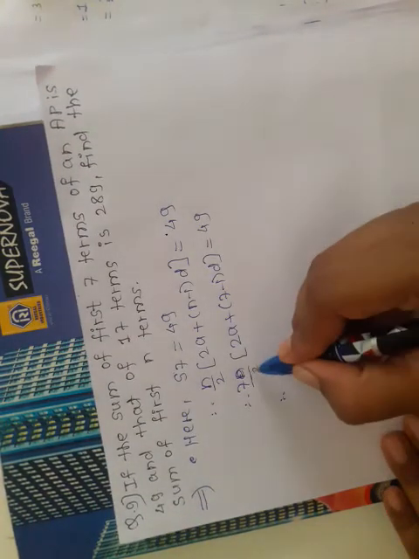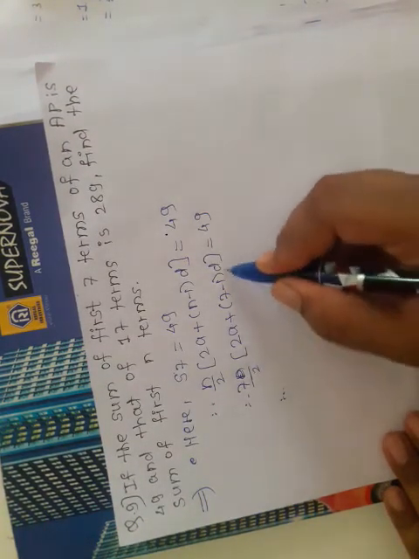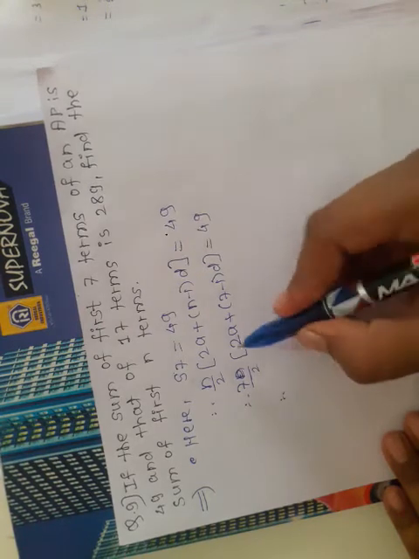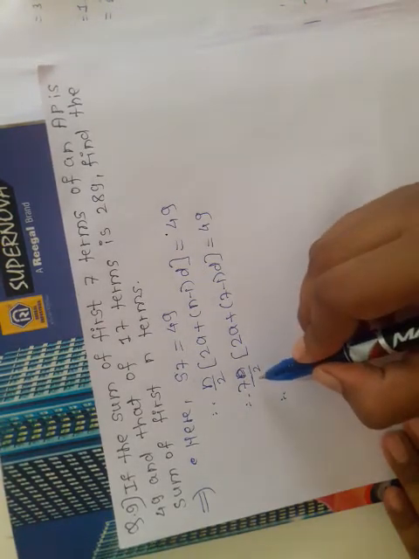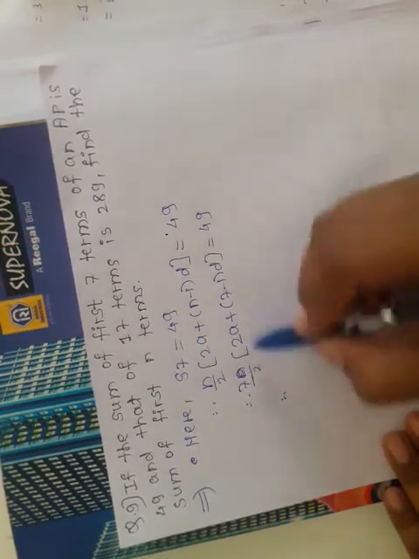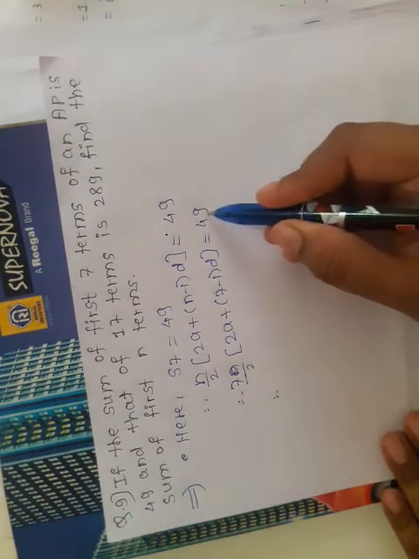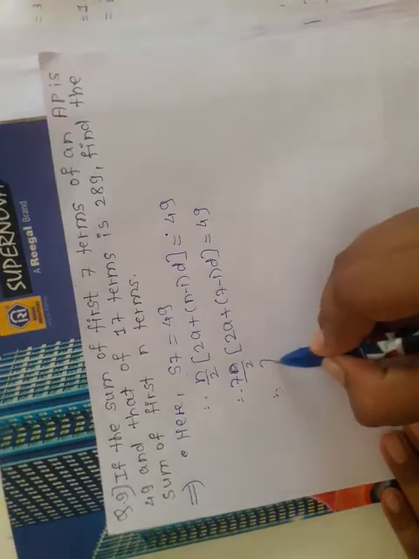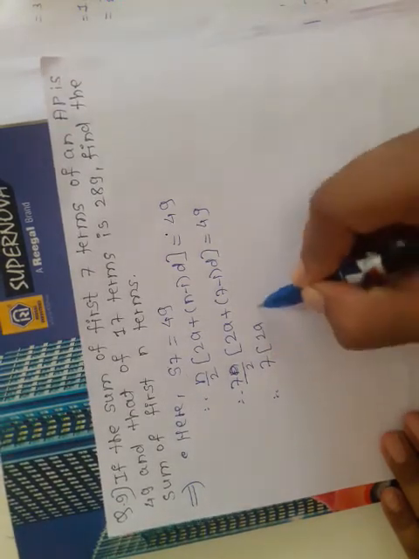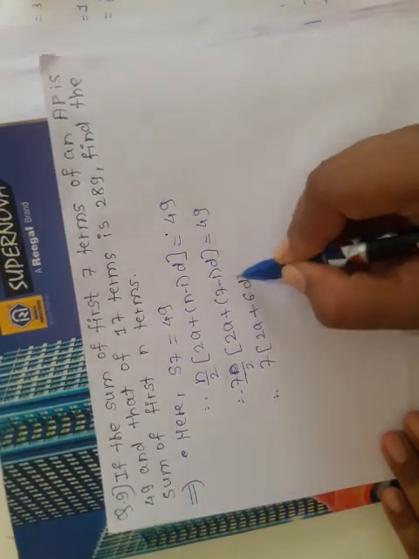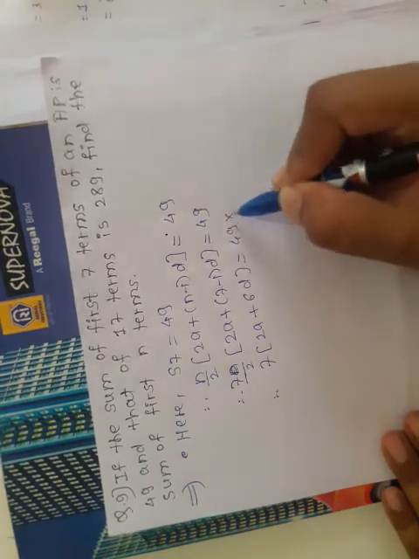Now this 7 by 2 is multiplied to the whole bracket. Multiply throughout by 2, so the 2s cancel, and on this side 49 multiplied by 2, we get 7 in bracket 2a plus 6d is equal to 49 into 2.